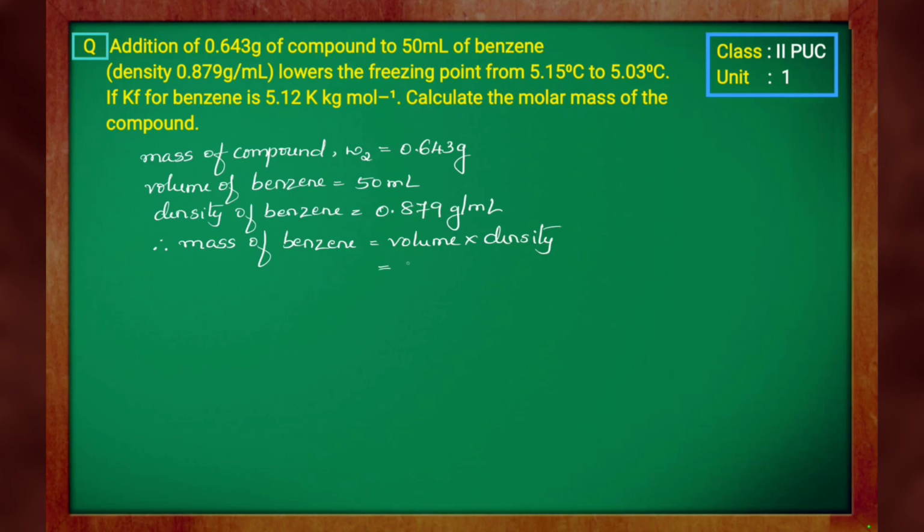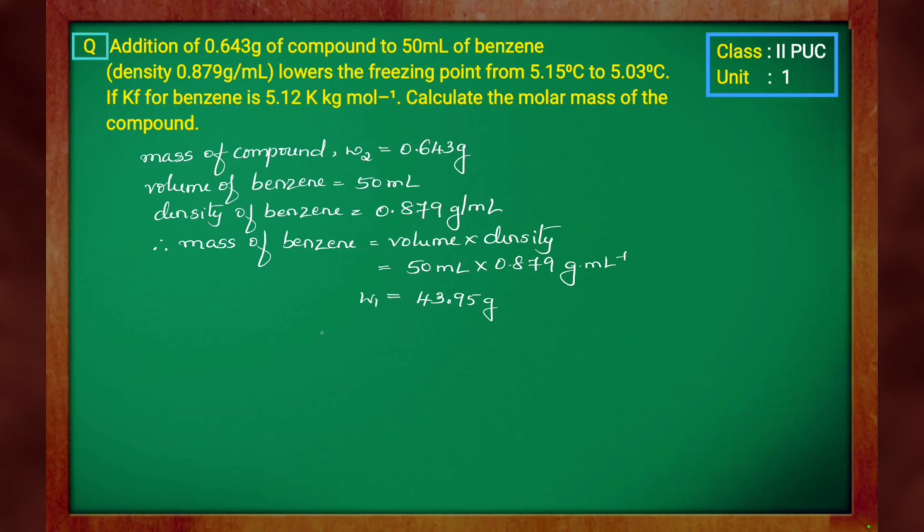That is equal to 50 ml into 0.879 gram per ml. That's equal to 43.95 gram. So this mass of benzene is represented as W1. They told that the freezing point is lowering from 5.15 degrees centigrade to 5.03 degrees centigrade.